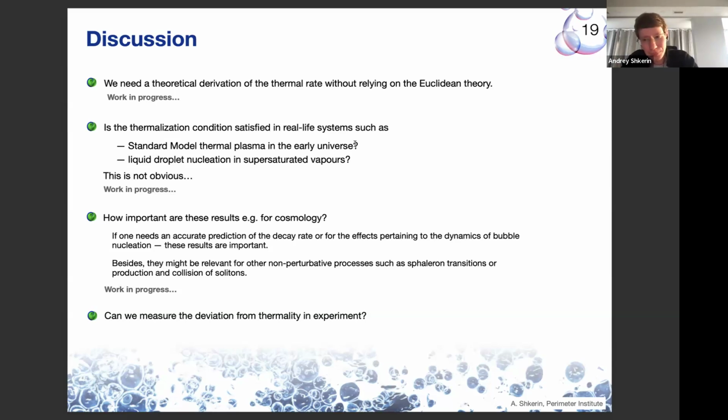The next important thing is, how important are these results for cosmology, for example? Because the decay rate is different. And if we need an accurate prediction for the decay rate, or if we need to study effects which are about dynamics of the bubble nucleation, then these results are clearly important. They might also be relevant for other non-perturbative processes not directly related to vacuum decay, such as sphaleron transitions or production in collision of solitons, because they really tell us that there is some non-equilibrium dynamics.